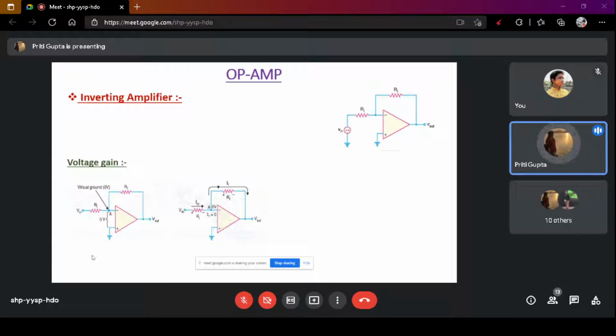Next, now see, this is feedback current and this is input current. VIN is the input voltage and IF is the feedback current.